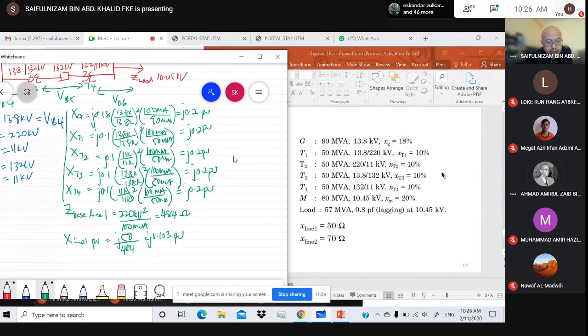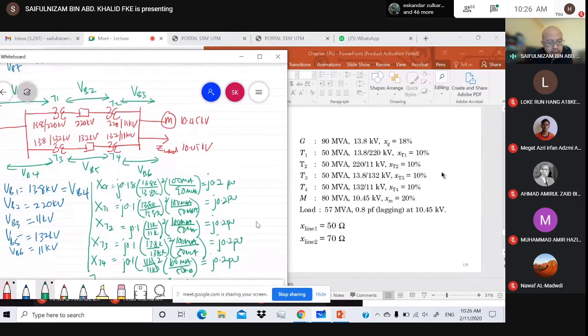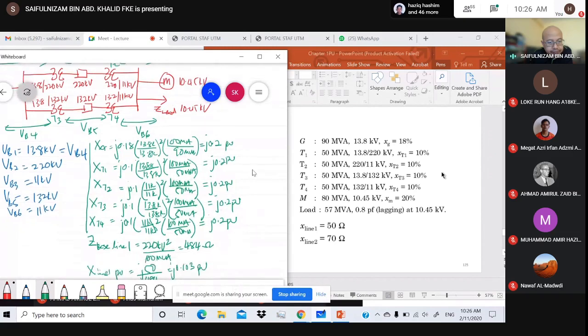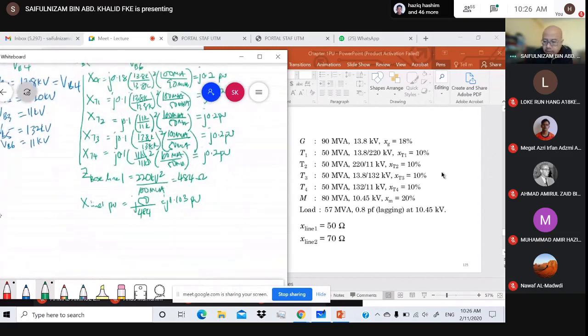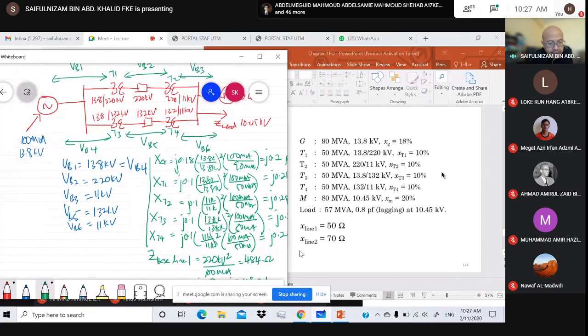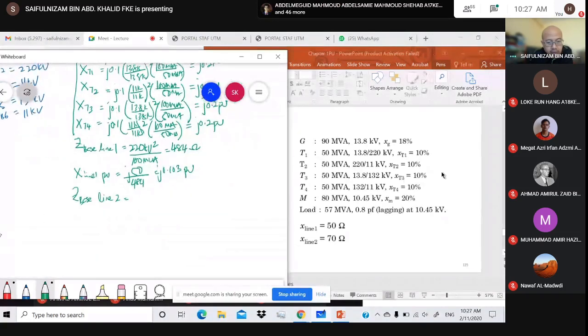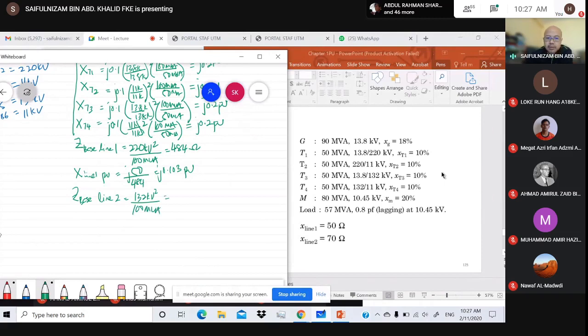Then Z base for line 2. The base voltage there, VB5, is 132. Always use the new base power; the base power doesn't change.